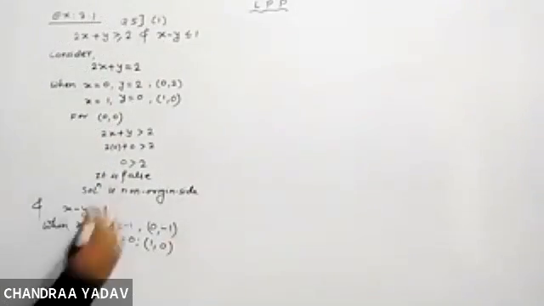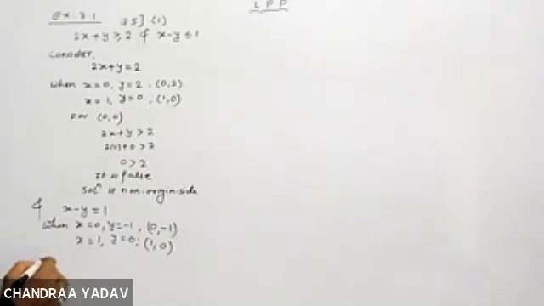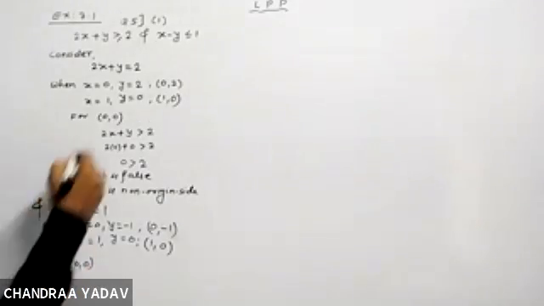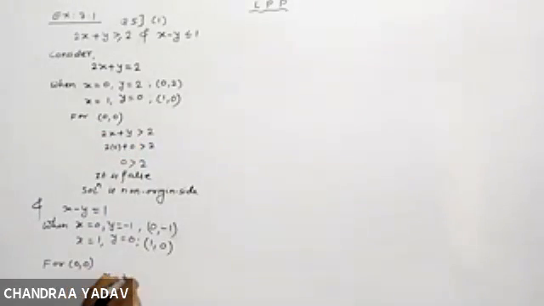One more thing. We'll write here for 0, comma 0. So x minus y is less than 1. So it is 0 minus 0 is less than 1. 0 is less than 1. It is true or false? True.